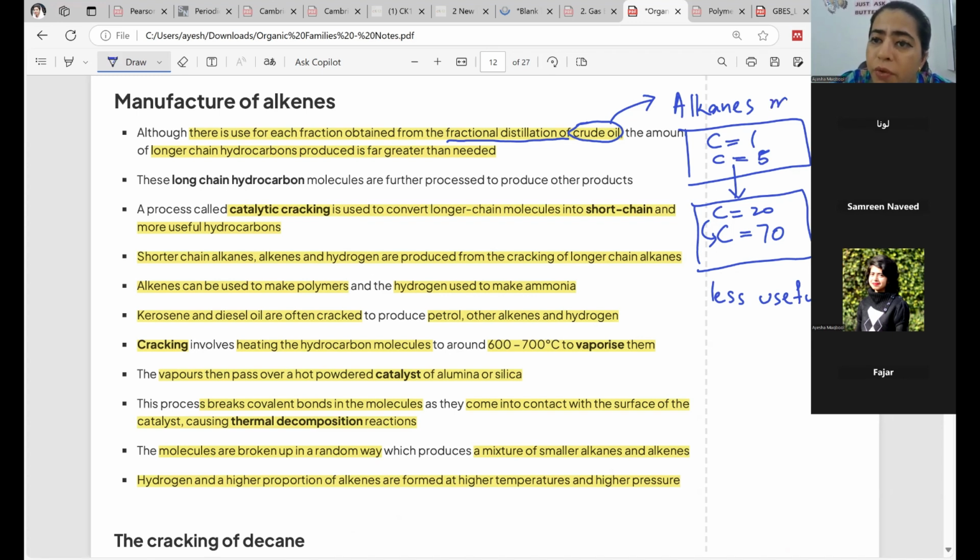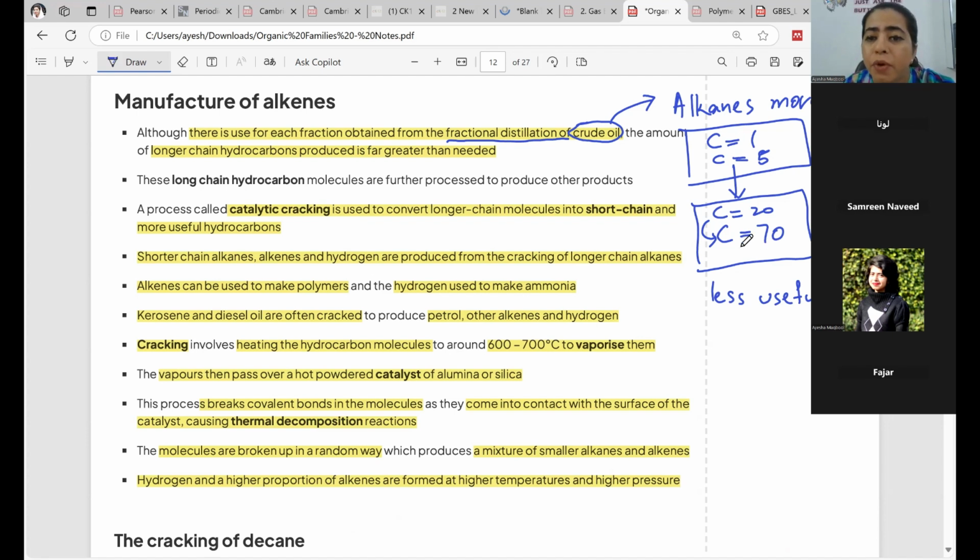But in case of the crude oil, we are getting all. We are getting the carbon 20, 30, 40 till 70, all. So it means we are getting the less useful alkanes as well. And we are getting these less useful alkanes more than needed. We need smaller alkanes more, but we need larger alkanes in less quantity.